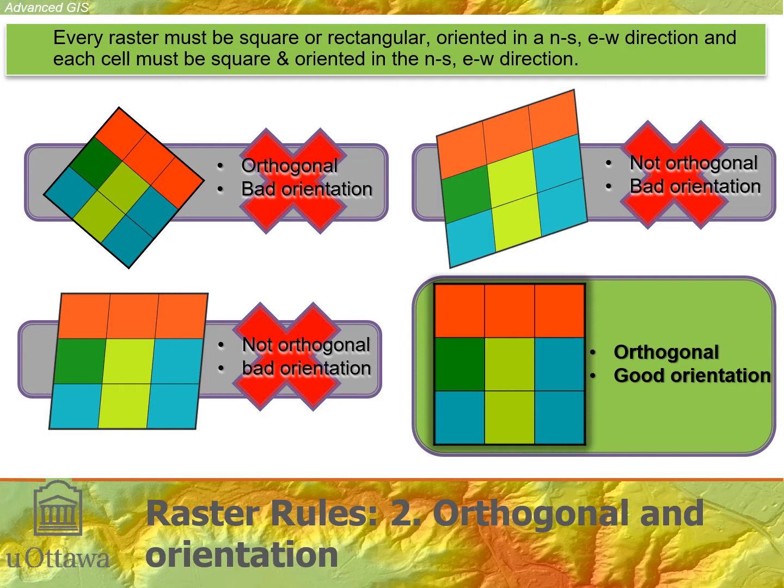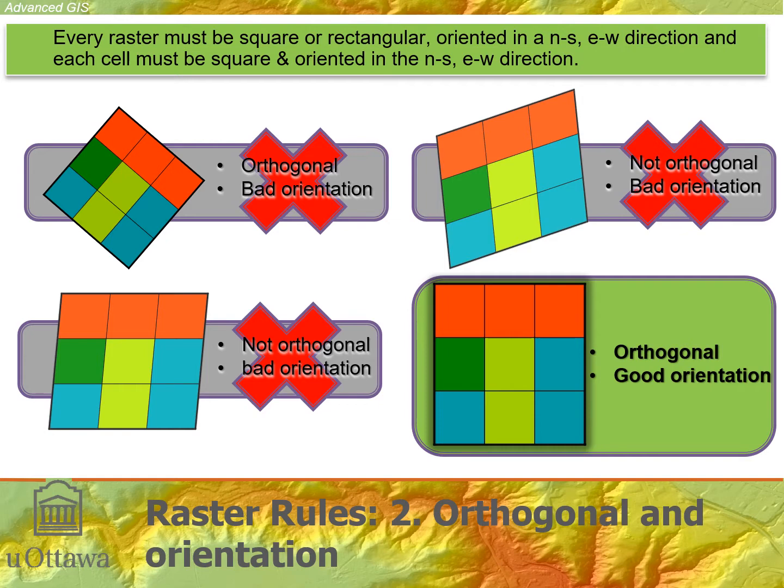Here are the rules for rasters to be used in analysis together. Every raster must be square, or rectangular, and oriented in a north, south, east, west direction. And that is true for every cell within the raster as well. So here are some examples.